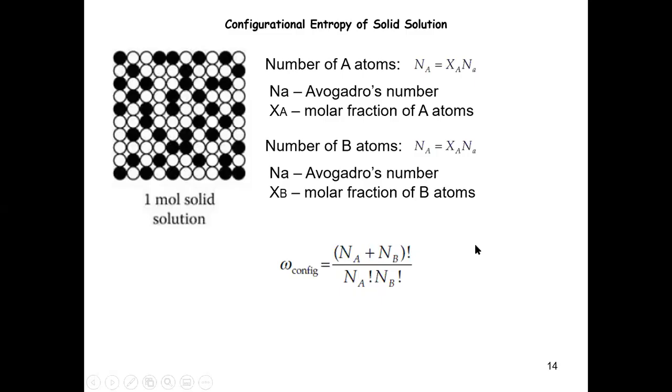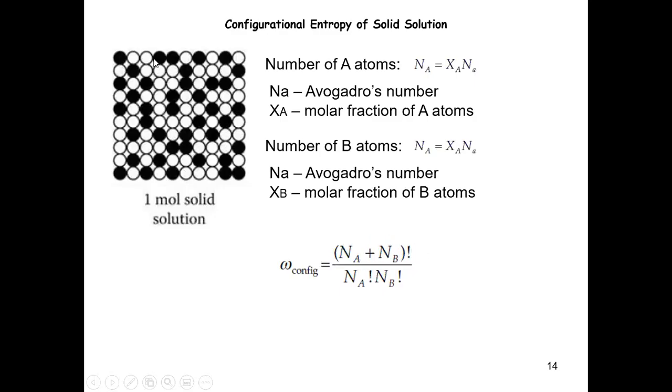Assume that each atom is different. Suppose that we have a total of N atoms, and each of them is different, and there are N available sites. How many different ways can you assign these N different atoms into these different sites? It's N factorial, right? Did this make sense?